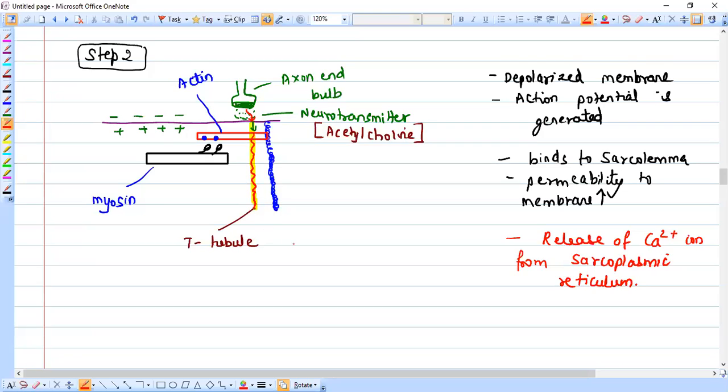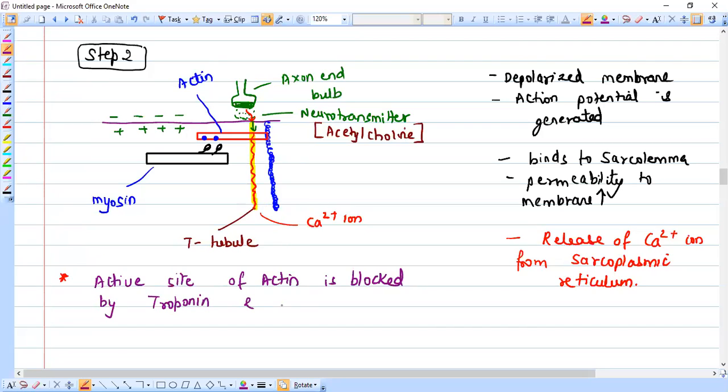What we need to understand here is that when the impulse travels through this T tubule, it results in activation, so that more calcium ion is released. And the most important point here is that the active site of actin is blocked by troponin and tropomyosin.